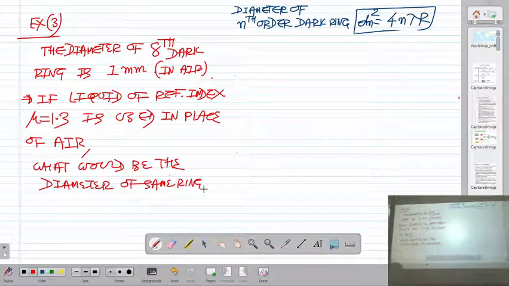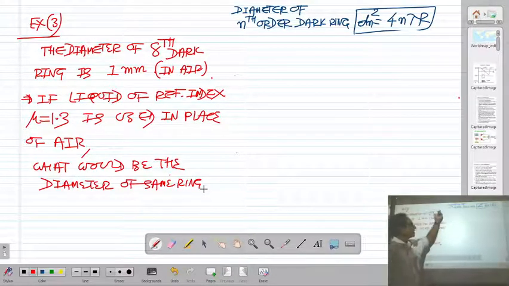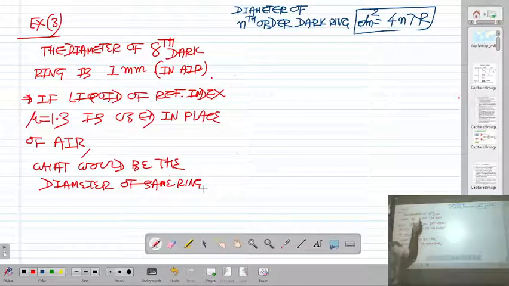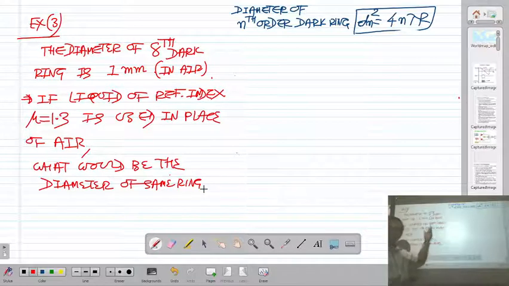Right? Okay. So in air, the diameter of the eighth dark ring is given, that is 1 mm. So instead of air, if you use a liquid of refractive index 1.3, water, what would be the diameter of the same ring?